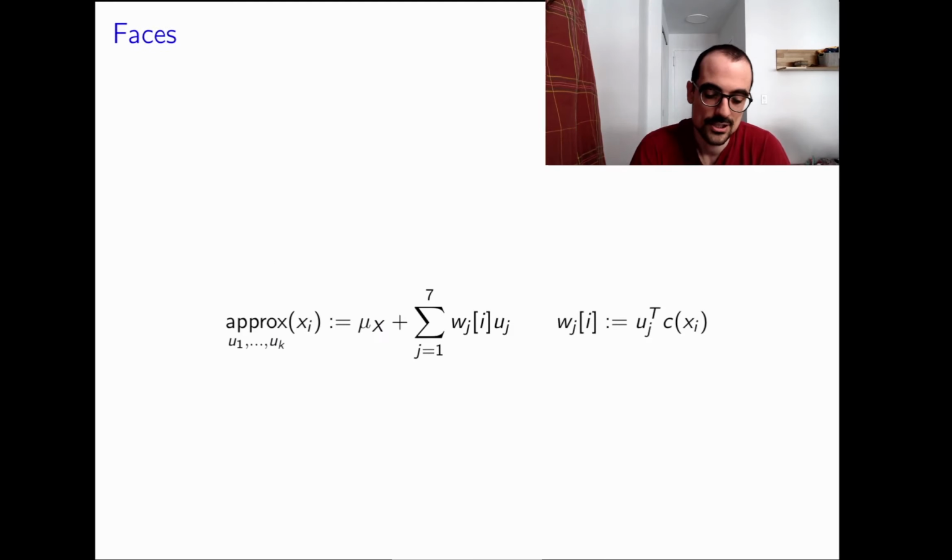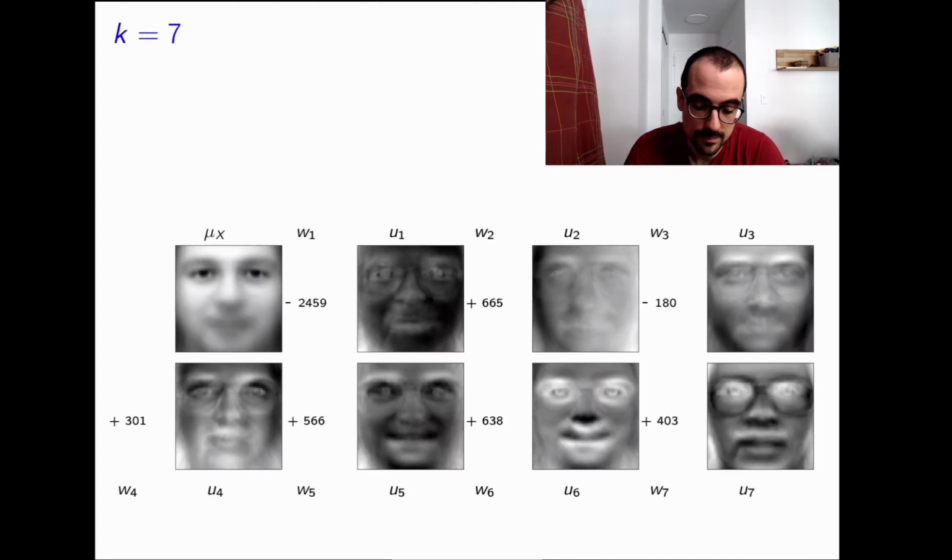What we're saying is we have the mean, because things are centered, plus a certain number of principal components times the corresponding principal direction, and the principal components are just obtained by taking the inner product with these principal directions that I just showed you, which are eigenvectors of the covariance matrix of the data. Let's take a look at the picture.